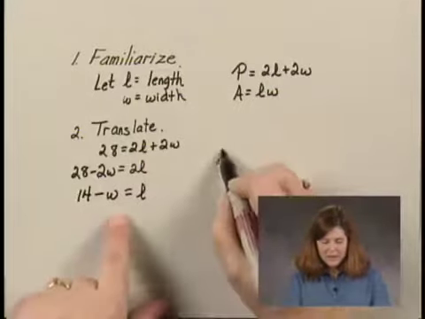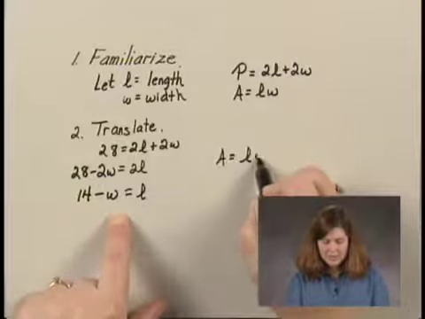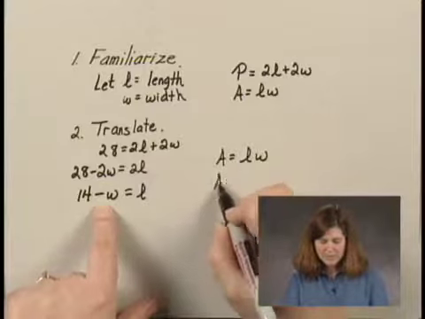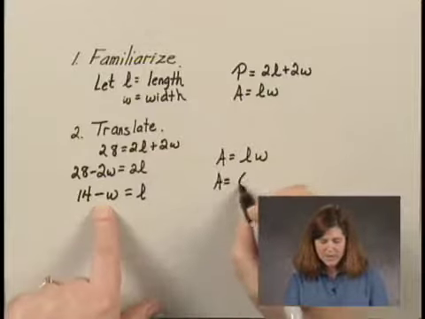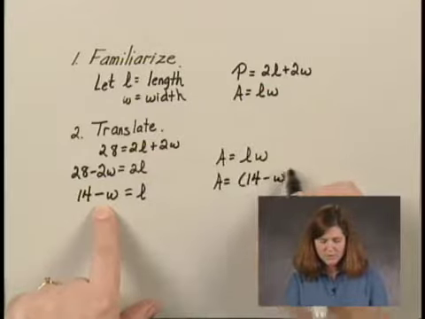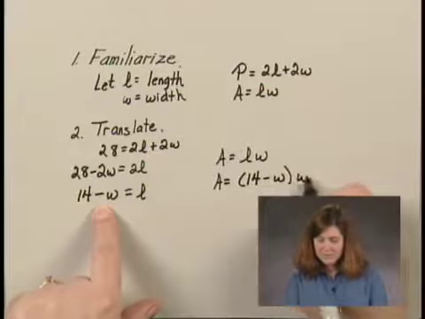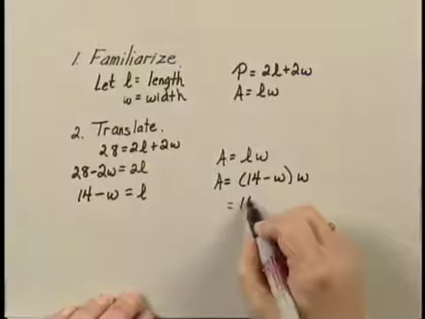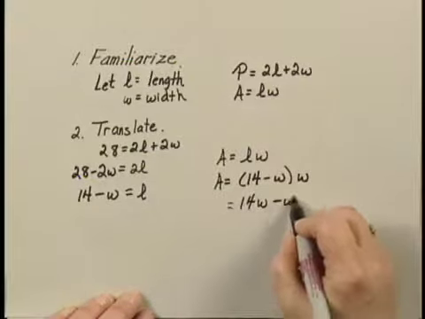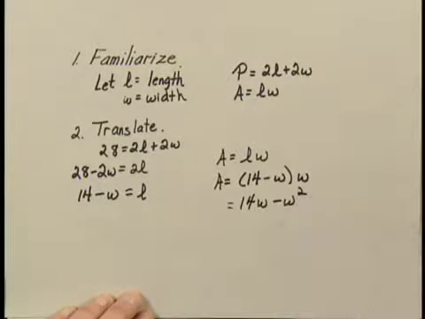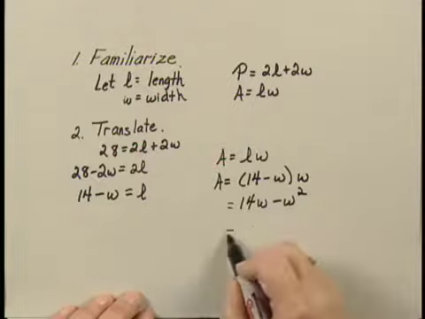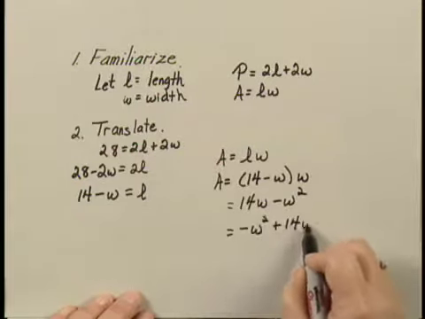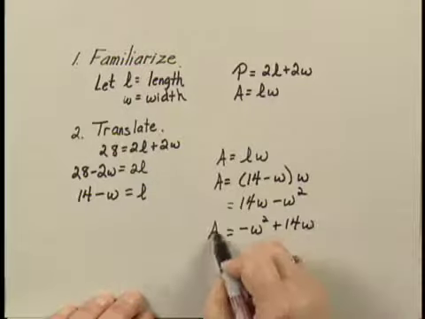Now, if the area is the length times the width, but the length is 14 minus the width, I can substitute, and I have area is 14 minus w, times w. Or 14w minus w squared, or since we typically put these in descending order, the opposite of w squared plus 14w, and that equals the area.